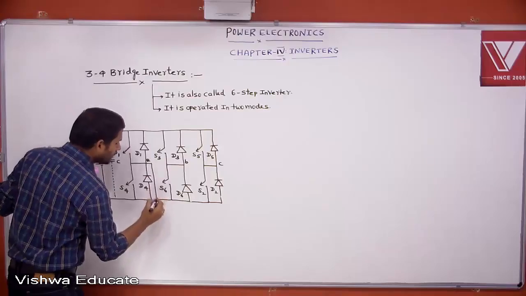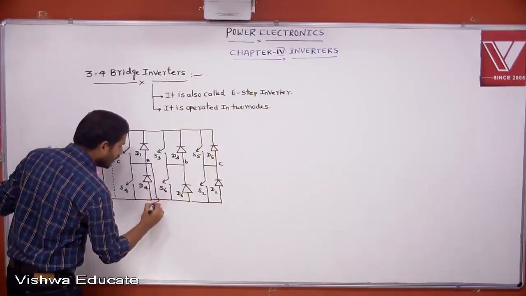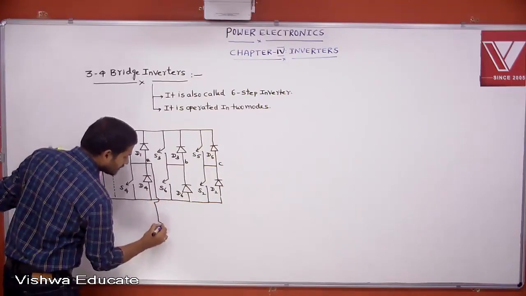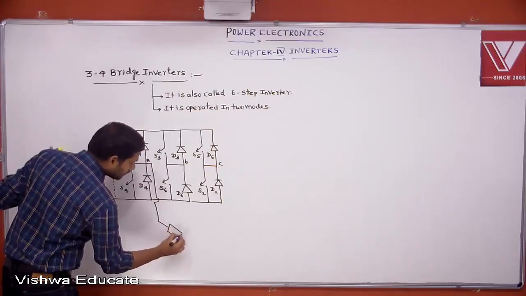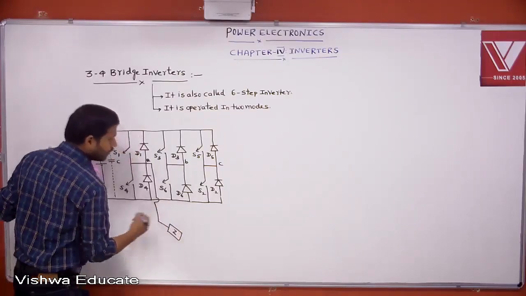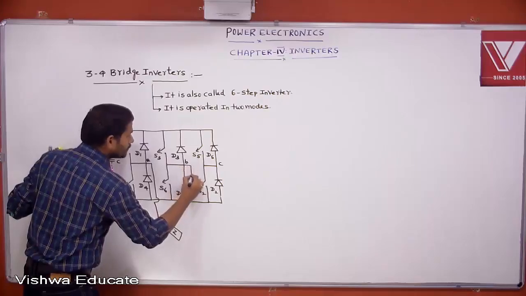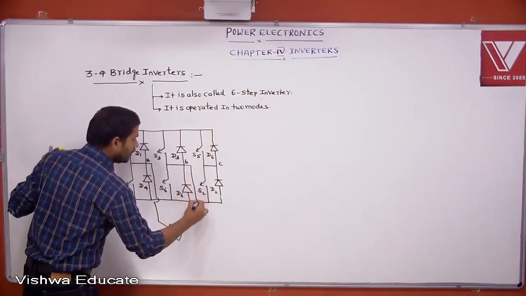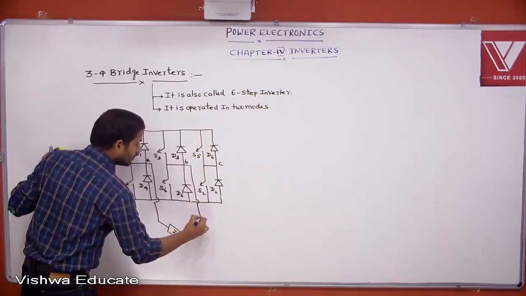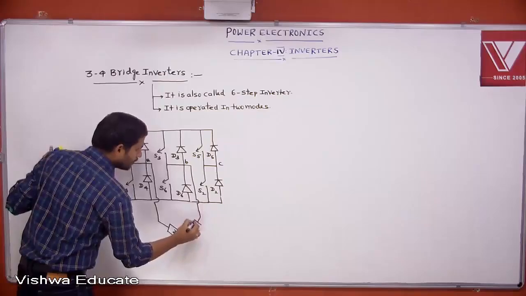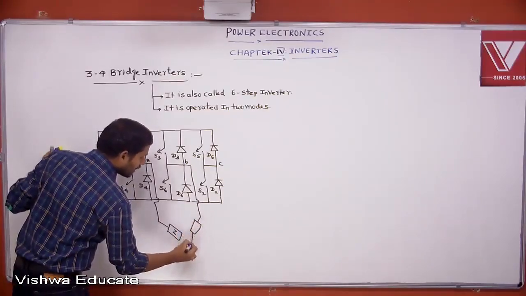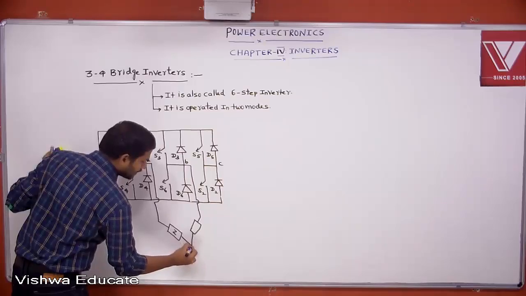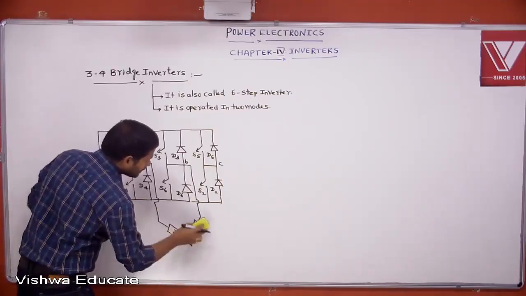You can also connect delta connected, but here I am assuming that it is a star connected load. With the assumption of star connection, I am explaining this concept.